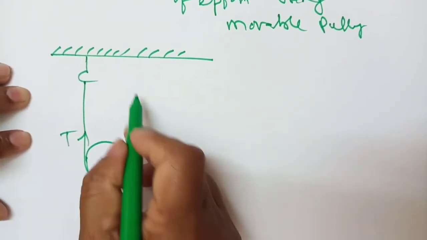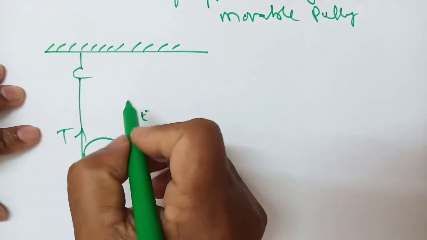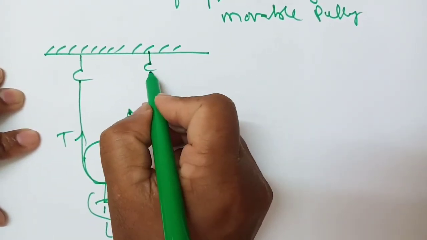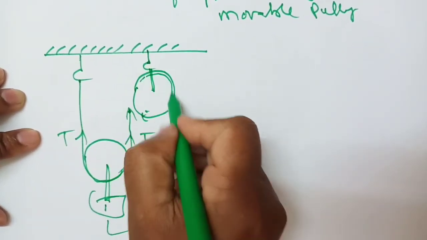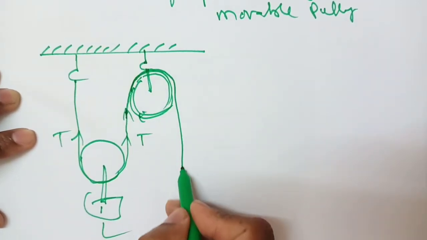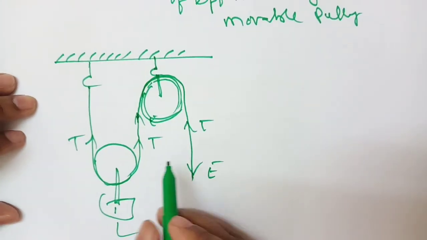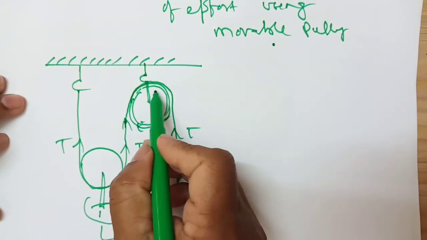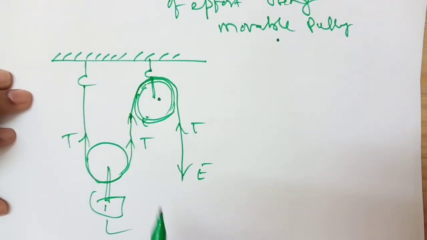Always you are applying the effort in the upward direction. But you have to change the direction of effort by using another fixed pulley. Then the direction of effort became downward, our convenient way. So using a movable pulley, you have to combine another single fixed pulley to change the direction of effort.